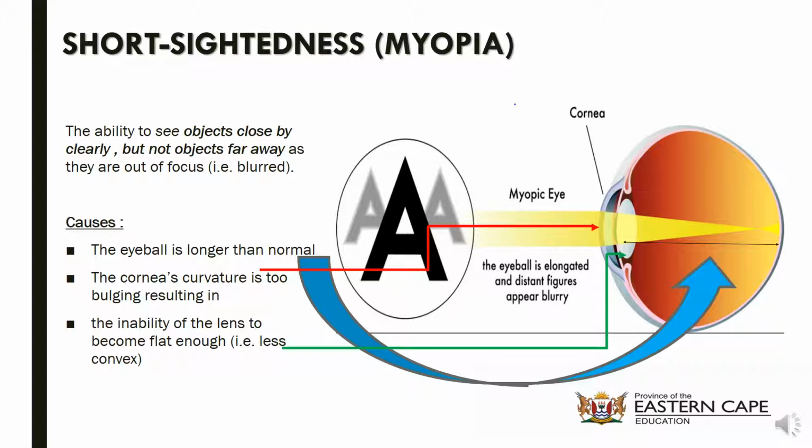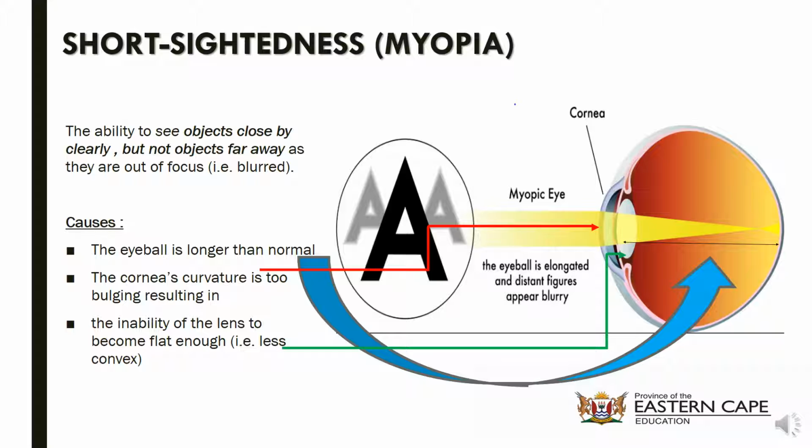Or you have the inability of the lens to become flat. But of course, the inability of your lens to become flat is associated with the structure of the bulging of your cornea. These are the three reasons which may cause short-sightedness.